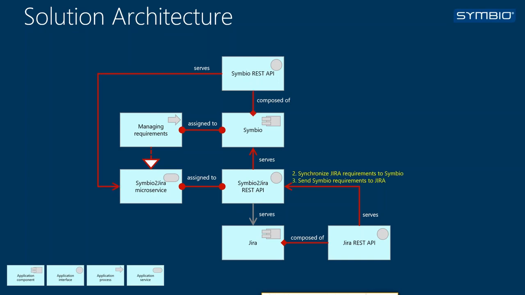Second step, now synchronize the Jira requirements to Symbio. So any requirements that were in Jira will go to Symbio, and Symbio requirements will go to Jira. So bi-directional. In essence, in the Jira environment, you have a project.